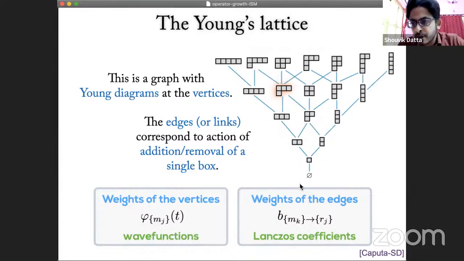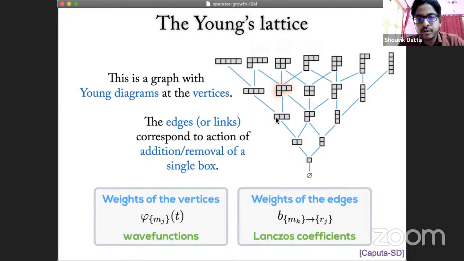So the idea here is that you start with a primary, which is like descendant level 0. You add 1 box, you go to descendant level 1. You add another box to this box, you go to descendant level 2, and so on and so forth. So the Young's lattice is a graph or a lattice with Young diagrams at its vertices.